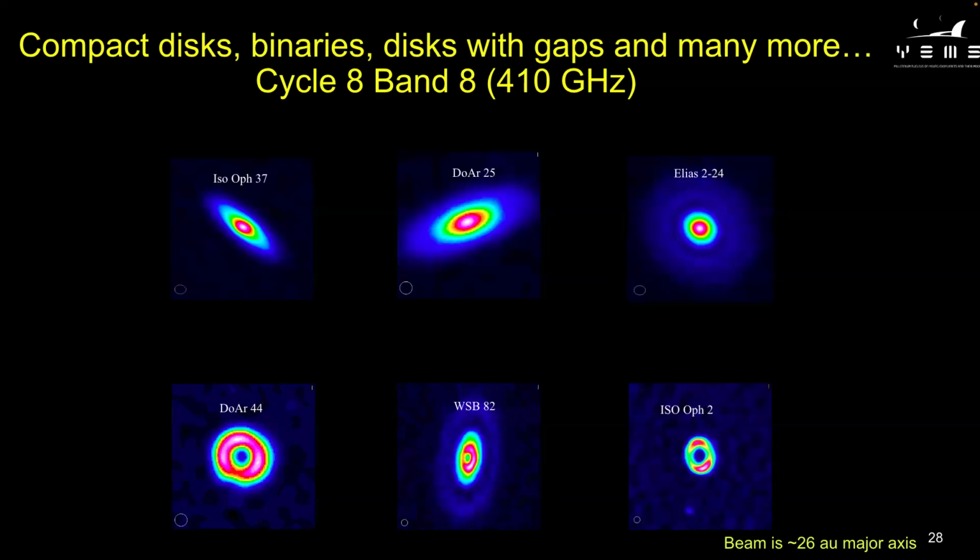So just looking at the continuum, we are not looking at the gas here. It's just the continuum. That's the idea. If we look at the gas, we will see some observations here, but this is just dust. That's why the star is like a point source and nothing is seen here.